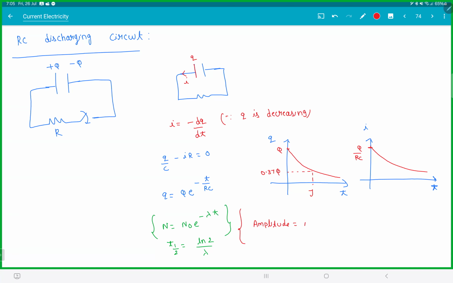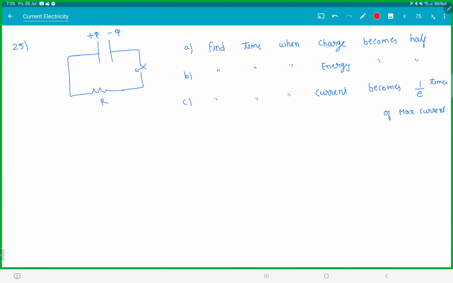Amplitude is equal to A naught into e power minus bt by 2, damped oscillations. Remember? Damped oscillations is something like this exponential function. Let's get this.